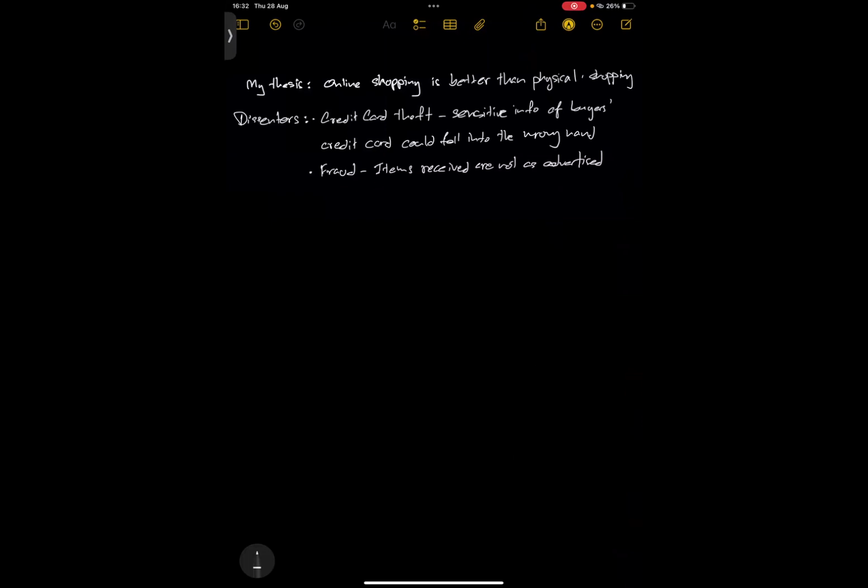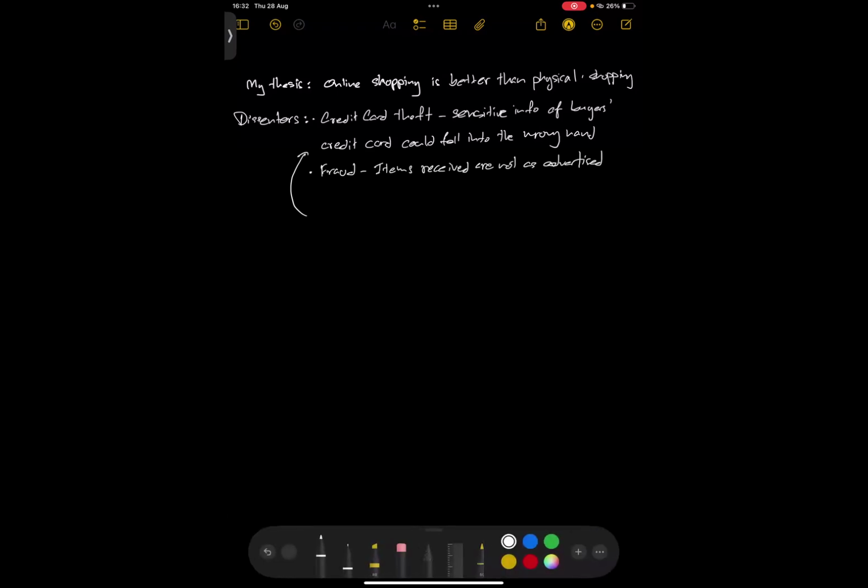Okay. Now, I have to try now to attack these two ideas. Okay? Right, just to make them change their mind. Okay, so for the first one, credit card theft, I might be able to attack it by saying that, maybe I'll just highlight it red with red color.